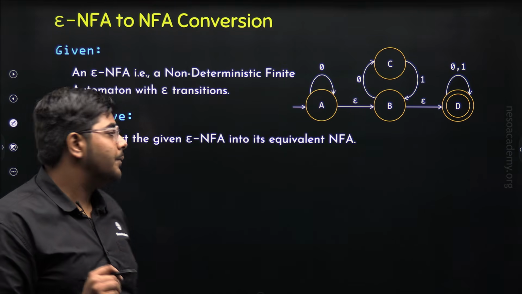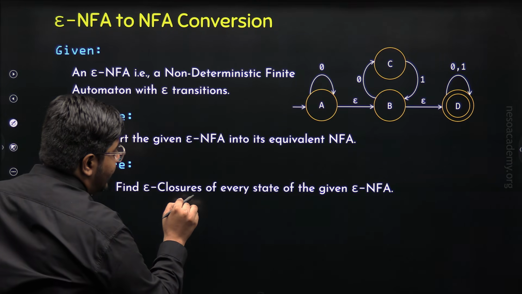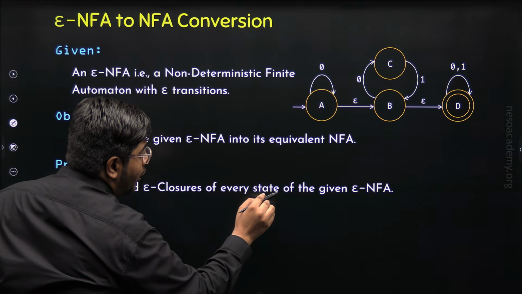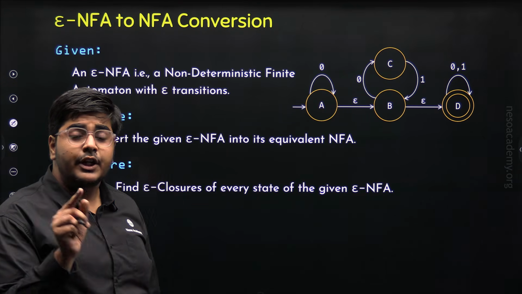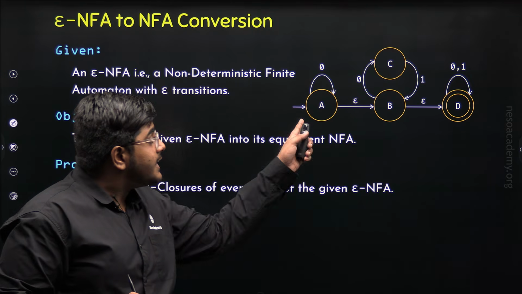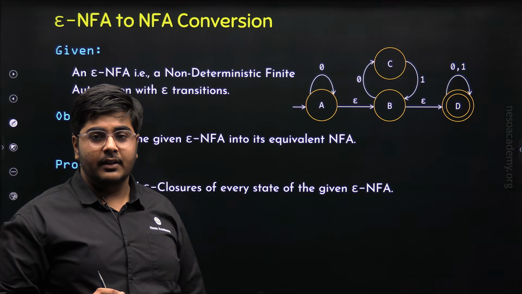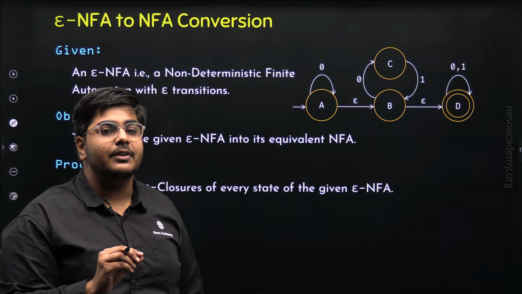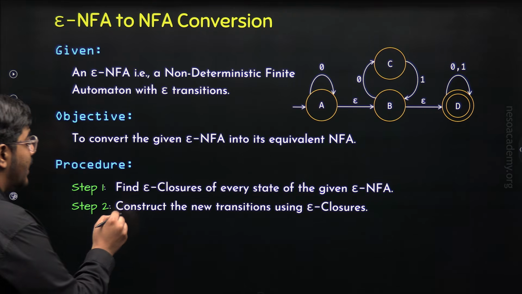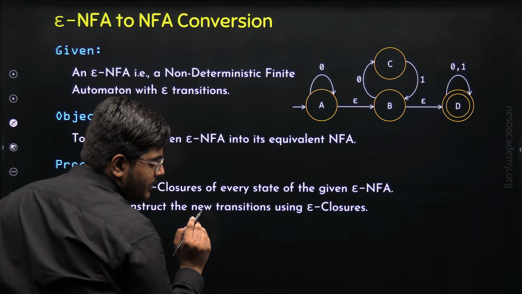Let's see the procedure. Step number 1 is to find the epsilon closures of every state of the given epsilon NFA. So in the very first step, you need to calculate the epsilon closures of all the states of this epsilon NFA. And this we have already understood in our previous lecture. In step number 2, construct the new transitions using epsilon closures.